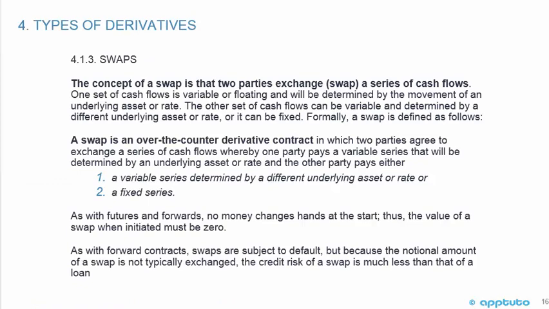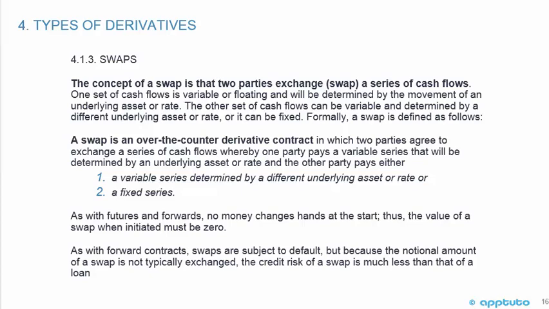Moving on to swaps now. The concept of a swap is that two parties swap a series of cash flows. One set of cash flows is variable or floating and will be determined by the movement of an underlying asset or rate. The other set of cash flows can be variable and determined by a different underlying asset or rate, or it can be fixed.